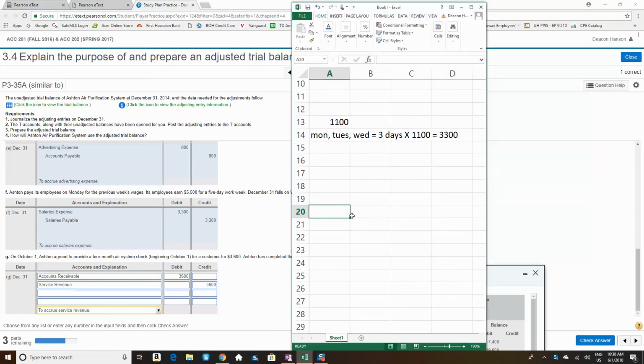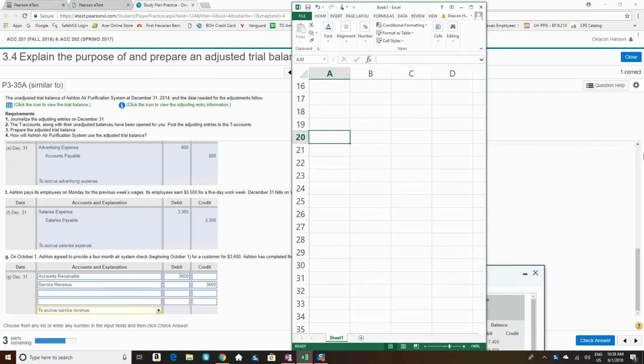Okay, so we could do this. We could say 3,600 divided by 4 months, because the 3,600 is for 4 months, will give me, should be 900 a month, right? I'll just do it for you so you're sure. 900 a month. And then you would multiply it by 3 months, because only 3 months have gone by. So we say times 3 months.